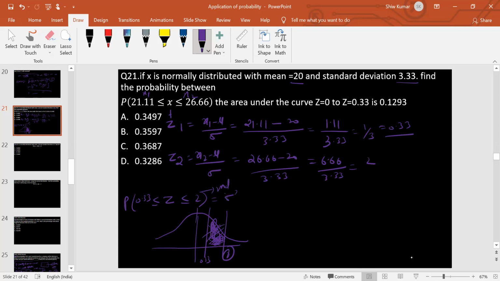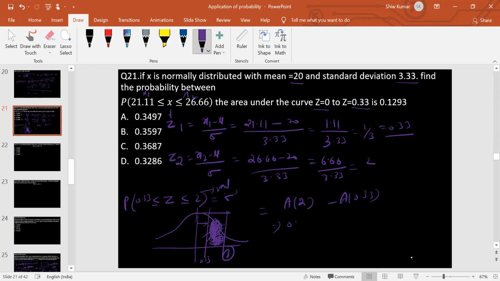And 0.33: look, here in the question it is given that the area under the curve from Z equal to 0 to Z equal to 0.33 is 0.1293. So the area under the second sigma limit, we know, is A of 2, and I'll write minus A of 0.33, because both are positive. First find from here to here and from here to here, and subtract them. You will get this region.